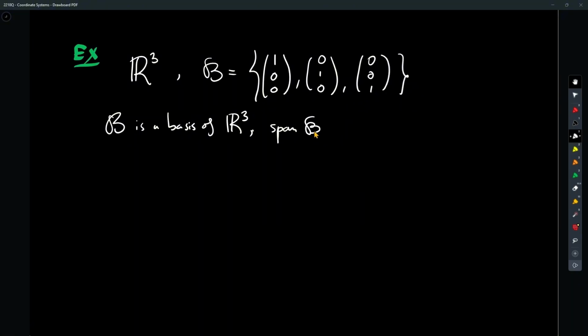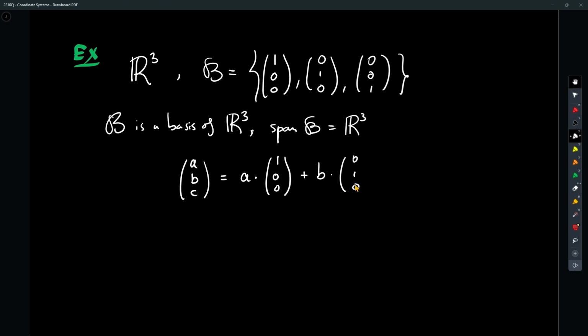So the span of B is all of R3. In fact, every vector in R3 is easily a linear combination of these vectors, A times the first vector, plus B times the second vector, plus C times the third vector. Clearly, they span all of R3, and clearly one can show that these vectors are linearly independent. So it's easy to prove that this is a basis in this particular case.